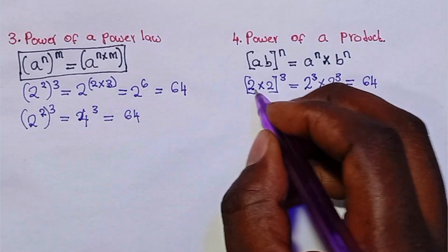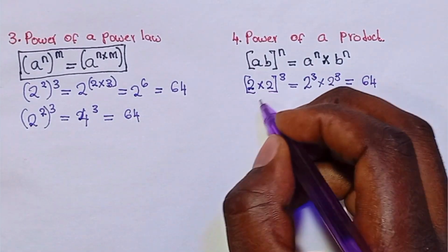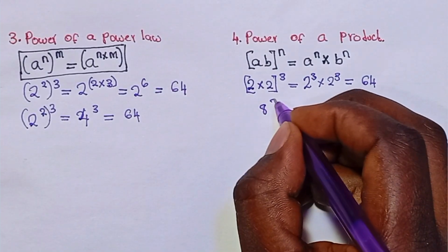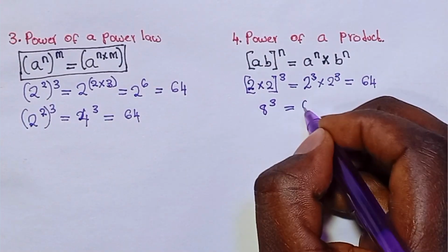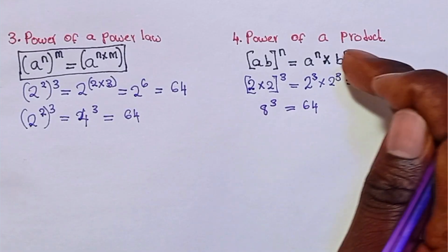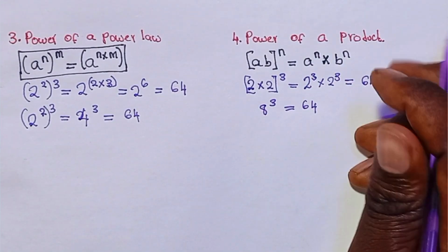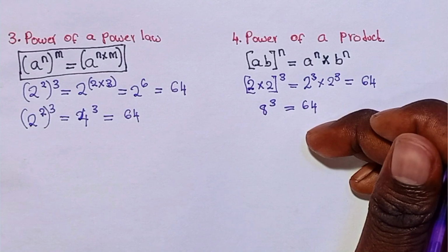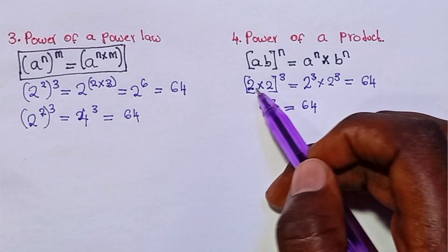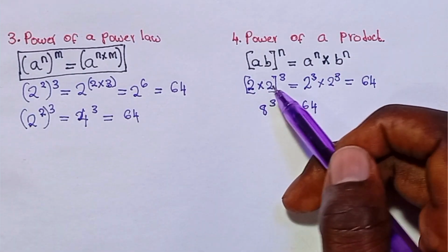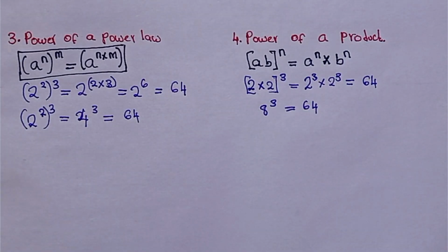Also, you can do it like this: 2 multiplied by 2, we are going to have 4, and 4 raised to 3 is equal to 64. So you can either use the power of a product law, or you can also go directly by opening the bracket first. But if you are dealing with numbers with high values, it is safer to use the laws of indices. So let's go to number 5. That is the zero index law.